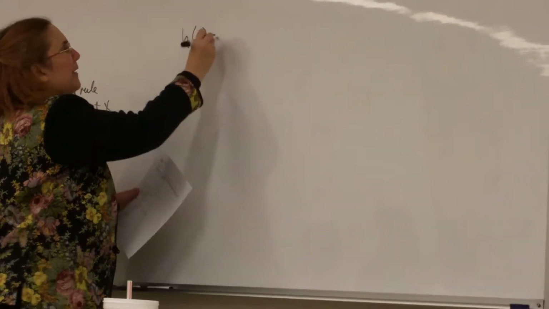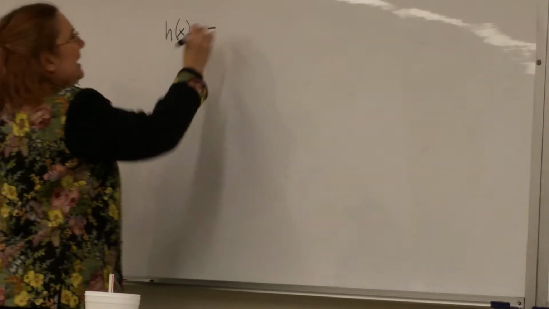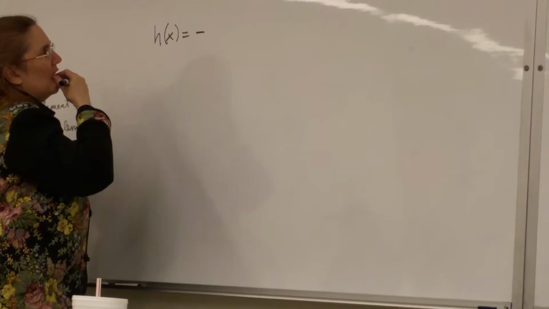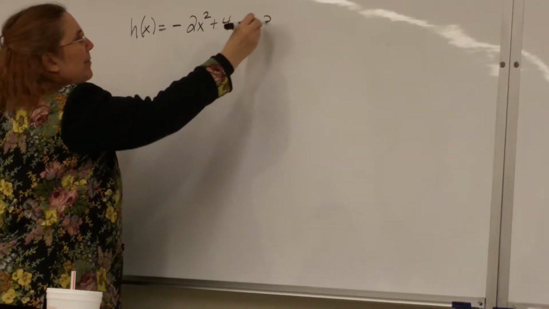Let's do h of x is negative 2x squared plus 4x minus 3.